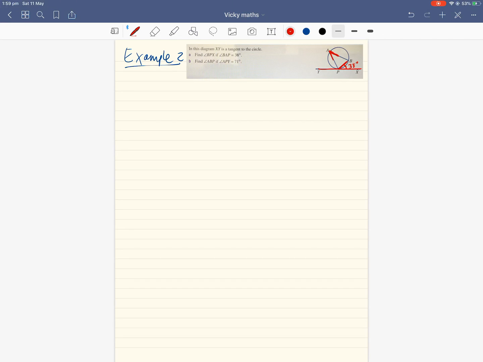So using the alternate angle theorem, if the external angle is 38 degrees, then looking at that Z shape, that pointy internal angle must also be the same. So for part A, we can write that angle BPX, which is the top corner one, must be 38 degrees.